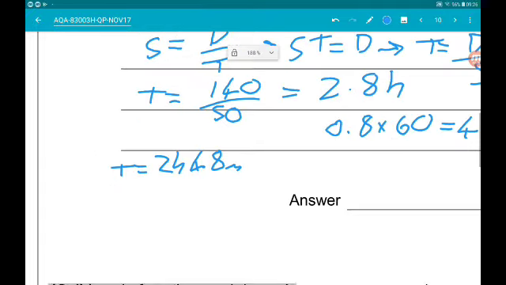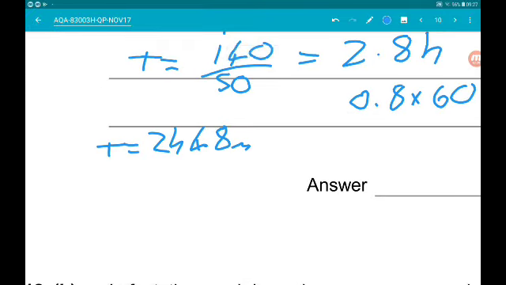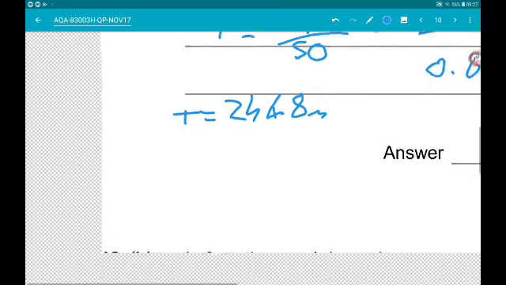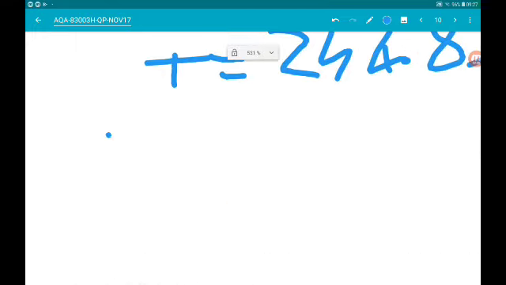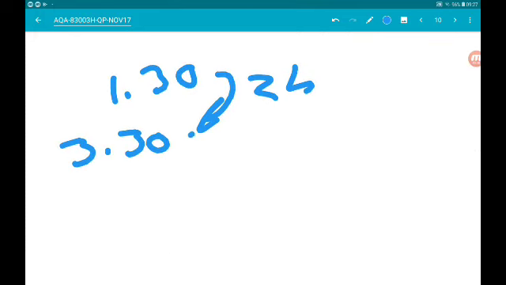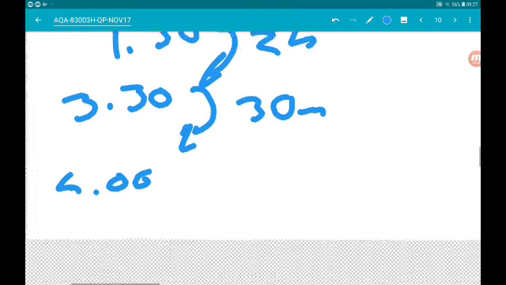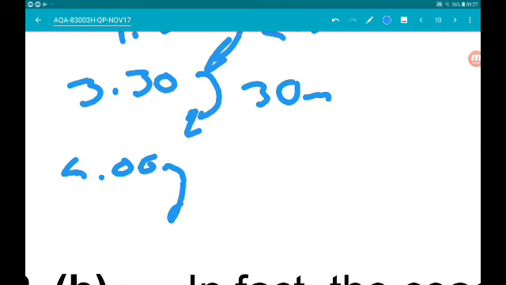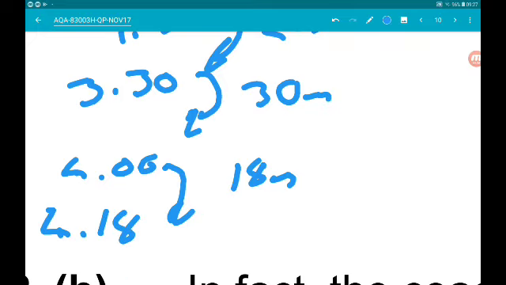So 2 hours after 1:30 is 3:30. And then we go up by 30 minutes. That's going to take us to 4 p.m. And then we got another 18 minutes. So that's going to take us to 4:18 p.m. So that's our answer.